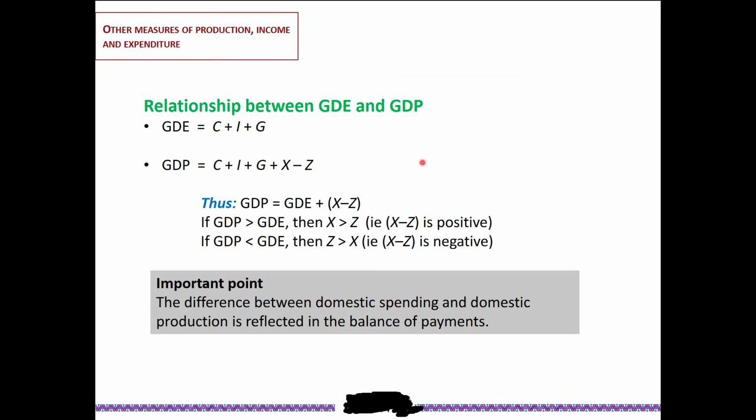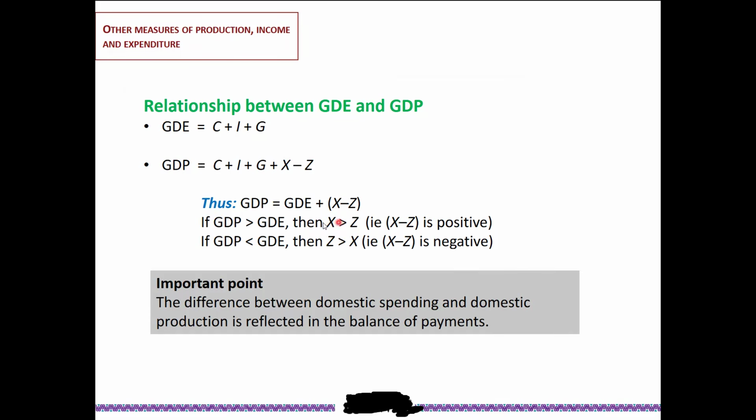The relationship between GDE and GDP is just that with GDE, you do not include exports and imports, but with GDP, you include imports and exports. So if your GDP is greater than your GDE, then you have a positive balance of payments. This means that your exports are greater than your imports.